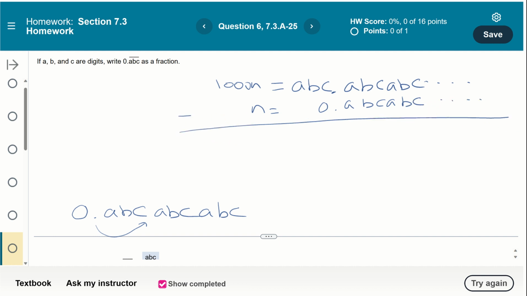So now we subtract: 1,000 minus 1 is 999 n is equal to ABC, since 0 from ABC is just going to be ABC, and notice all the others cancel out. So now we divide both sides by 999, and what do we get? n is equal to ABC over 999. No different than if you had just 3 regular numbers underneath. Okay?